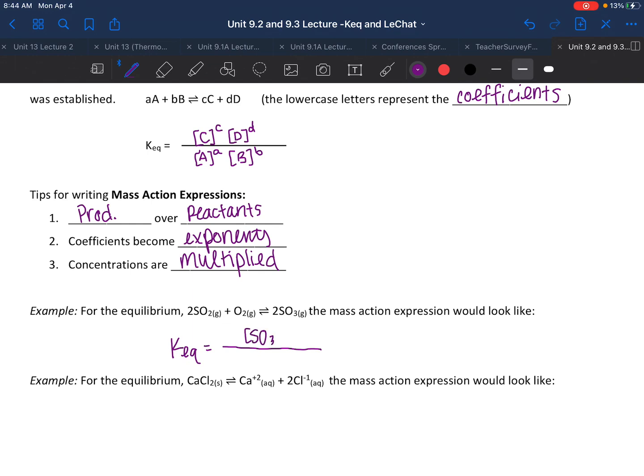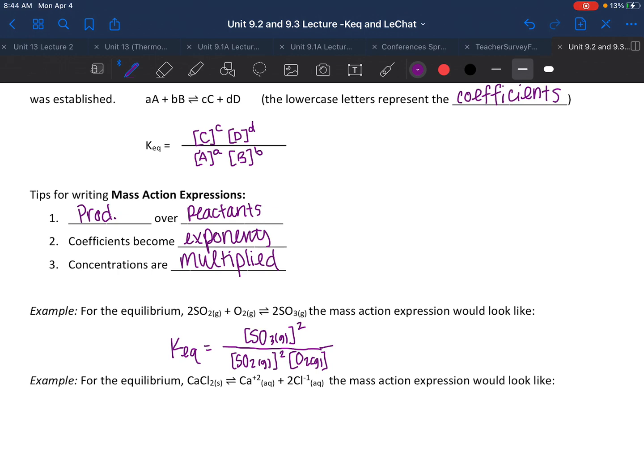So SO3 gas to the second power, and then I'm going to put my reactants on the bottom: over SO2 gas to the second power times O2 gas, which does not need a power as it's to the first. So that's it. That's just what it looks like.